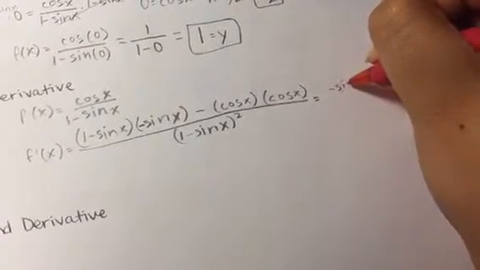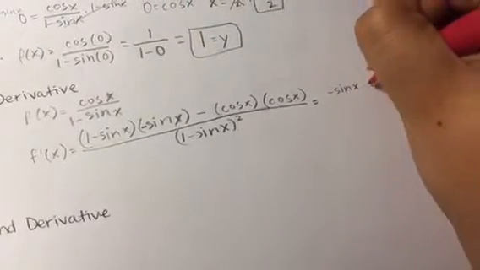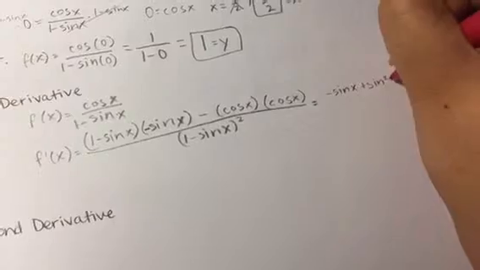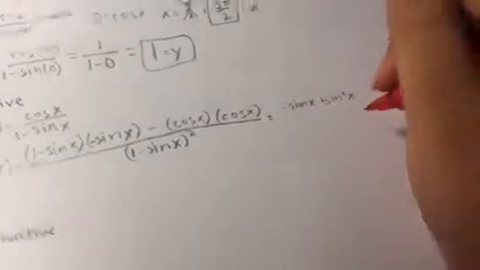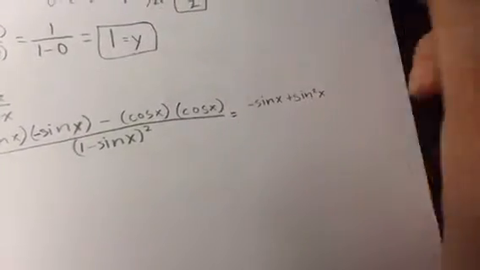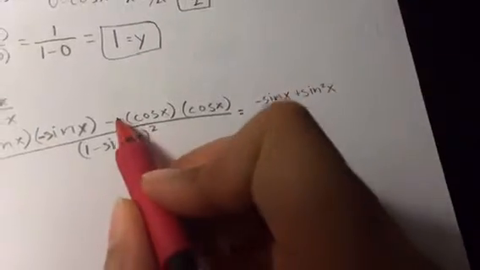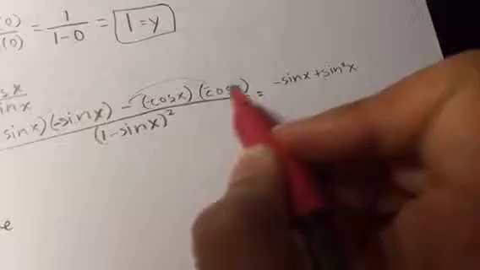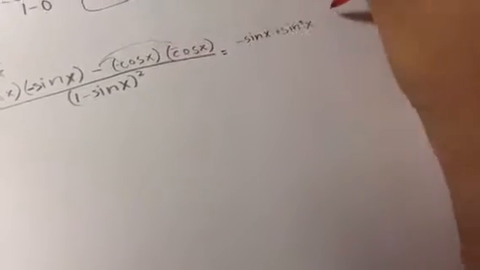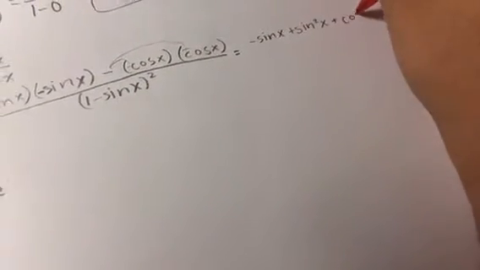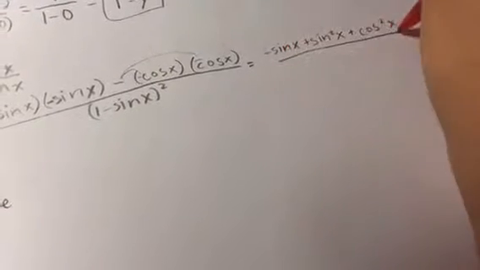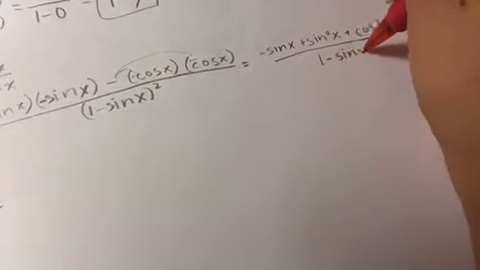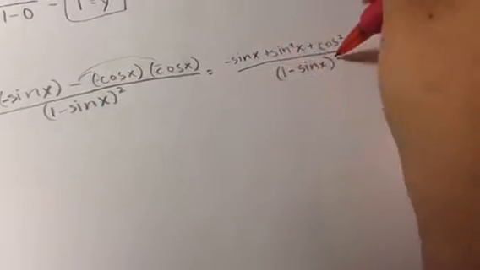So here we'll have negative sine x plus sine squared, and then we distribute this negative here as well, so both of these are negative. Multiply them together, we have positive cos squared x all over 1 minus sine x squared.